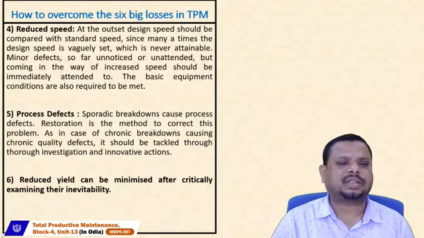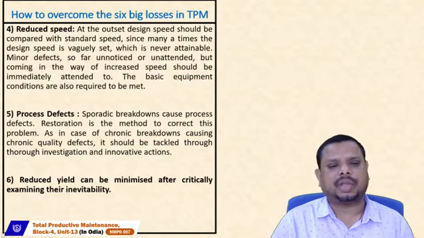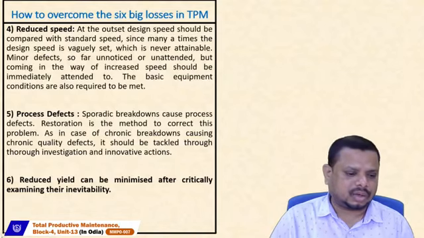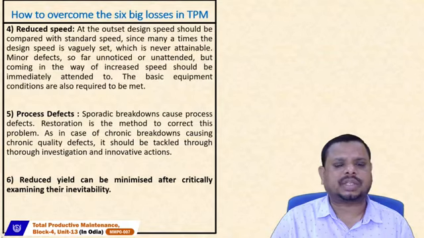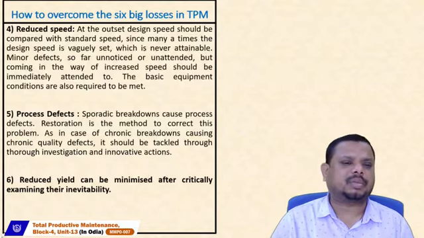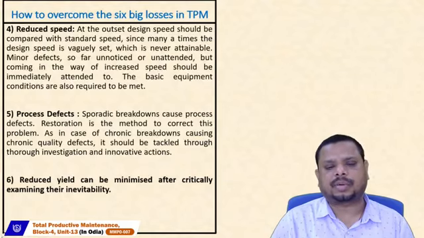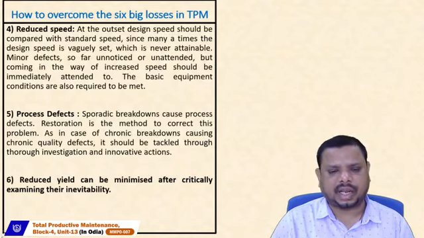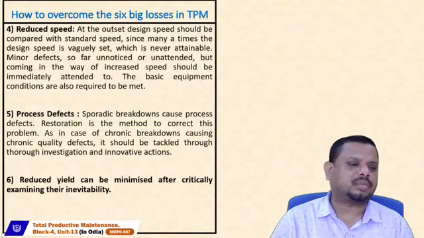And whenever you increase the speed, you have to identify and attend to avoid the big losses. That is why during the initiation, known as commissioning of machines or equipment, the higher speeds should be tested by skilled operators so that they can easily identify what errors could arise in that machine or equipment.